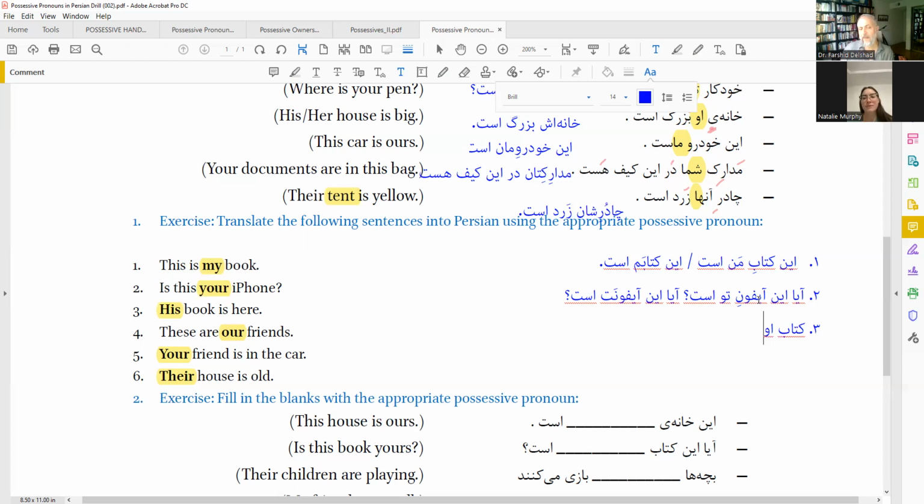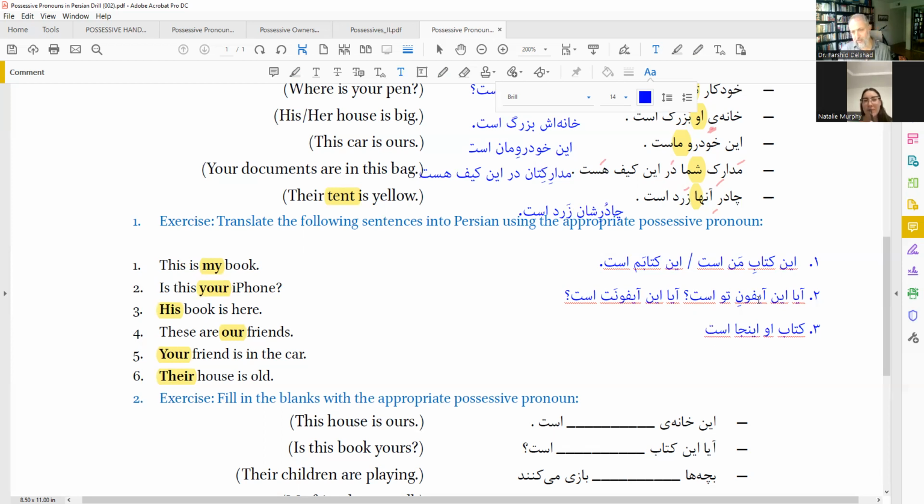Because I could mean the book is here and not there, or the book is here and not the notebook and not the computer. So in this case, we just write it neutrally and start with "ketab." Go ahead. "Ketabe inja ast." Perfect.